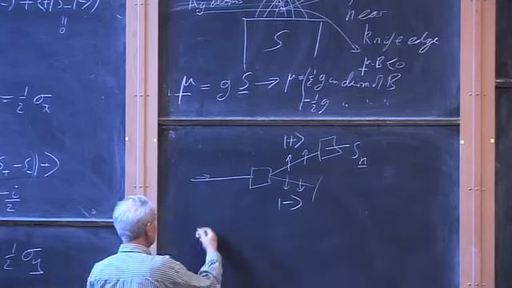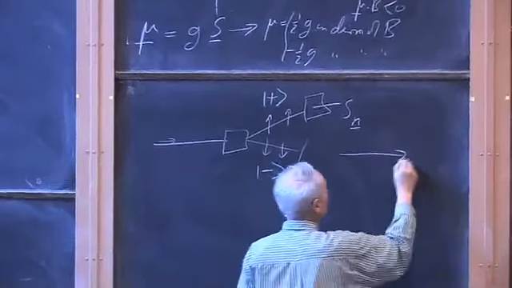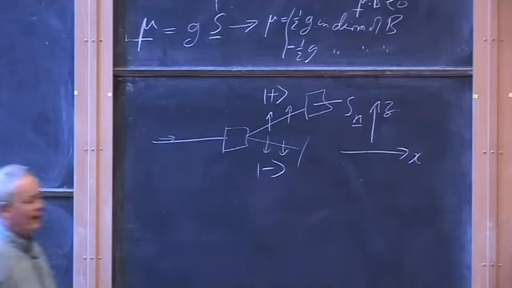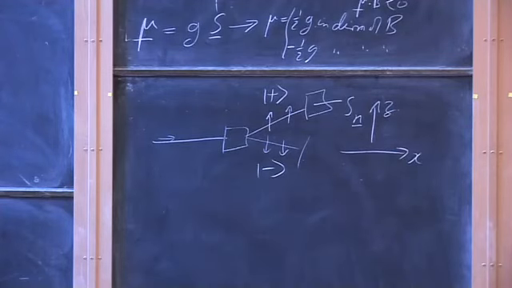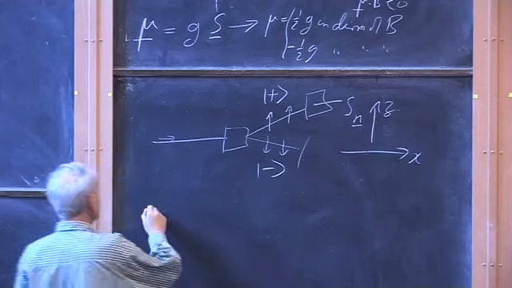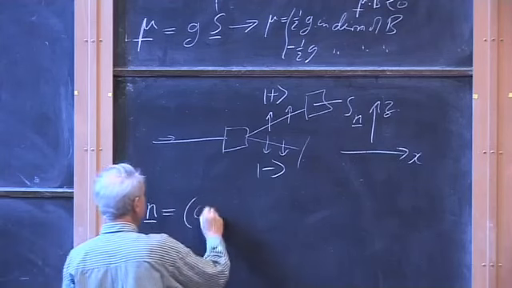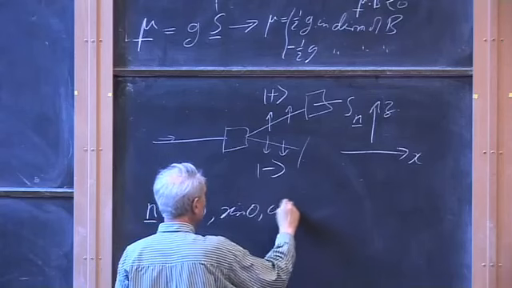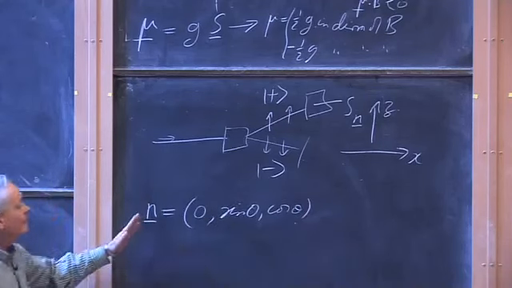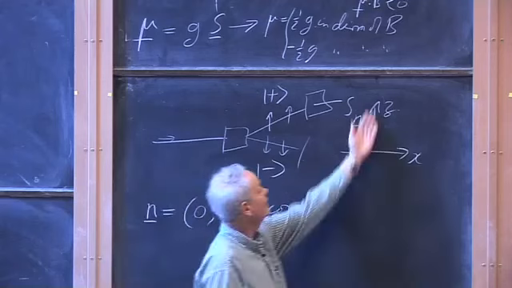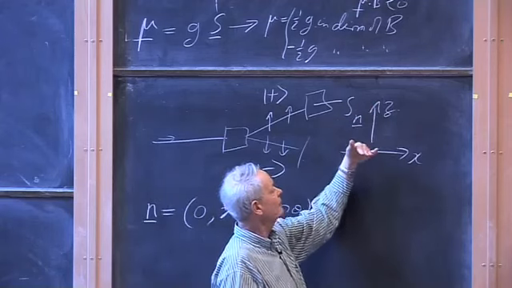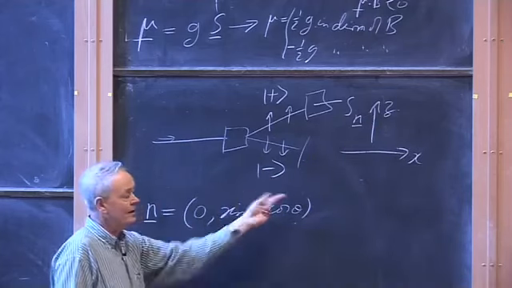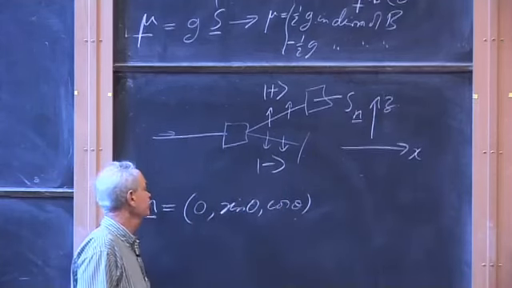We're going to have this to be the x direction, we're going to have this to be the z direction, and the y direction will have to be out of the board, all right? And what we're going to do is take n equal to nothing, comma, sine theta, comma, cos theta. So n is going to be a vector which, if theta is nothing, is just in the z direction, and if theta is pi by 2, it's in the y direction, and it can be allowed to scan between these directions as we vary theta.